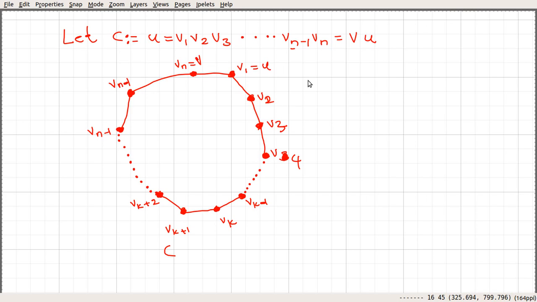Next, I am going to define two sets using this cycle. Let's call the first set S, and this set S is defined as follows.